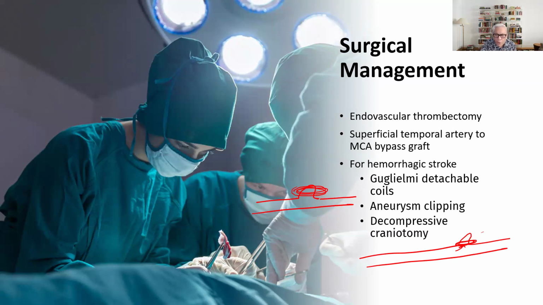They may also be used for ruptured aneurysms in order to close off that area. And then decompressive craniotomy, this is when we remove part of the skull so that we can vent off the excessive pressure that is going to be collected in the skull. All right, so those are the surgical managements.